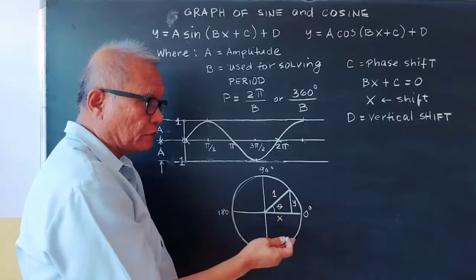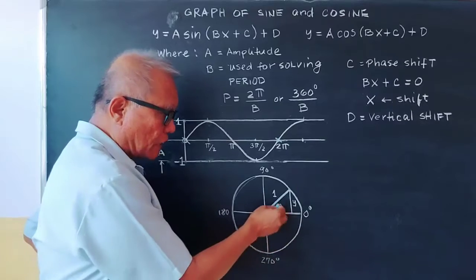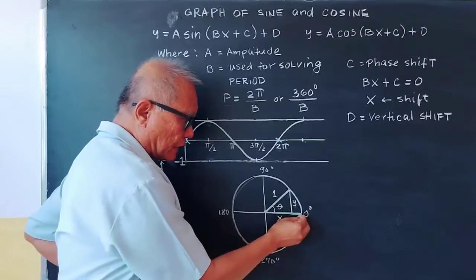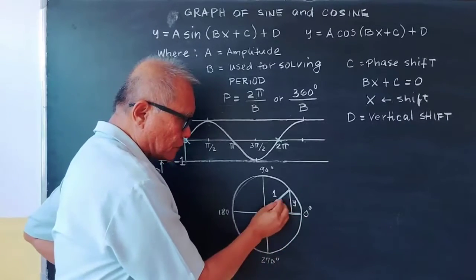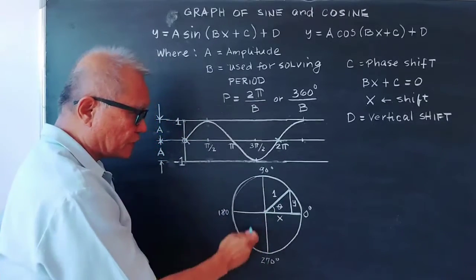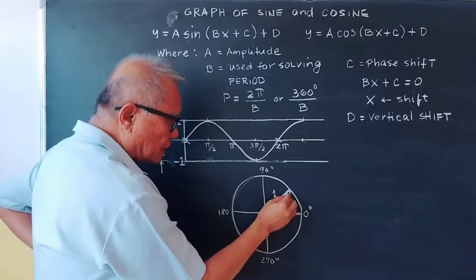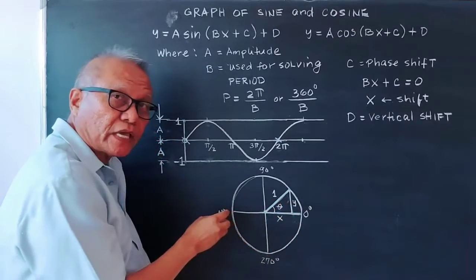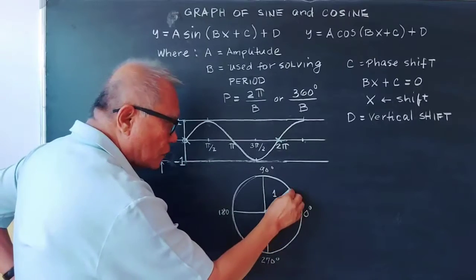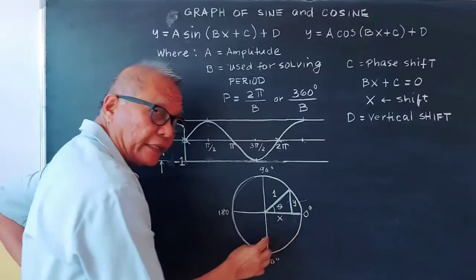So 1 unit, maybe 1 centimeter, 1 meter, 1 kilometer if you want. So this one is 1, this one is 1, everything is 1 unit. That is the radius of our circle. When we draw a triangle here, this one becomes the hypotenuse. Now, this vertical here is our y.